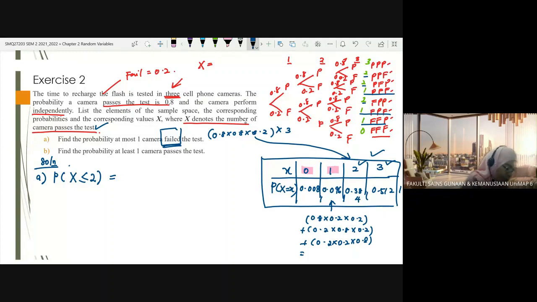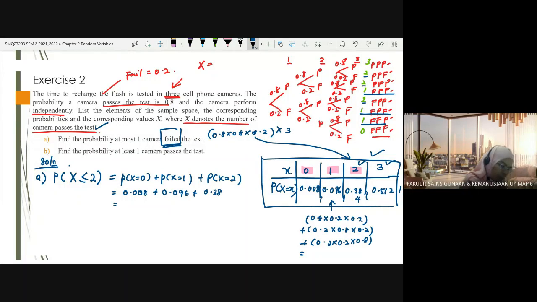When you are talking about less than or equal to two, it means the probability for two is also involved in your calculation. So in this case, we are talking about P(X = 0) plus P(X = 1) plus P(X = 2). So you have 0.008 plus 0.096 plus 0.384.